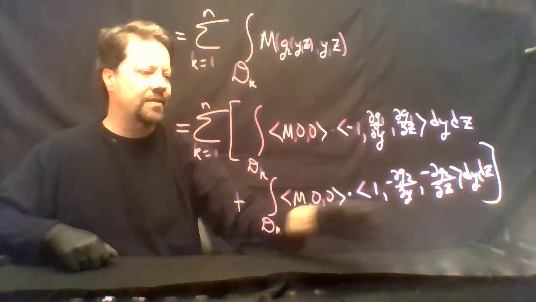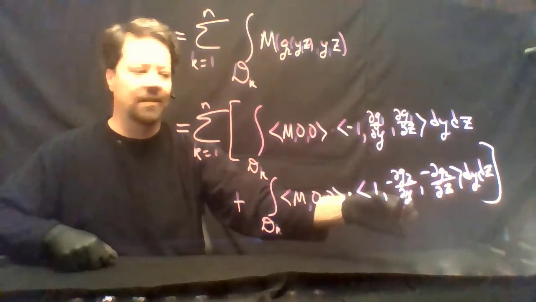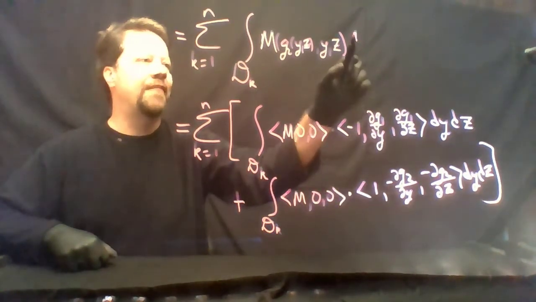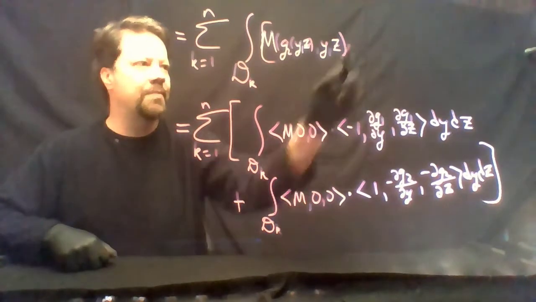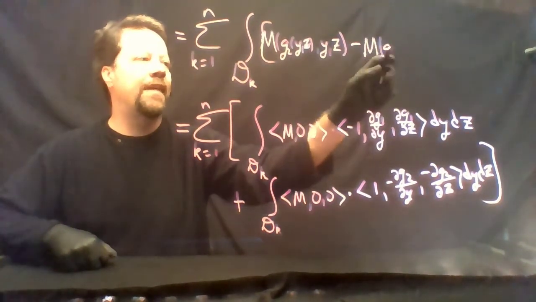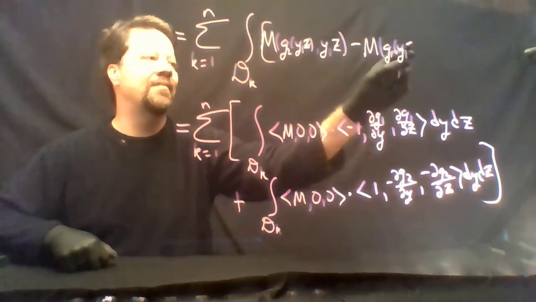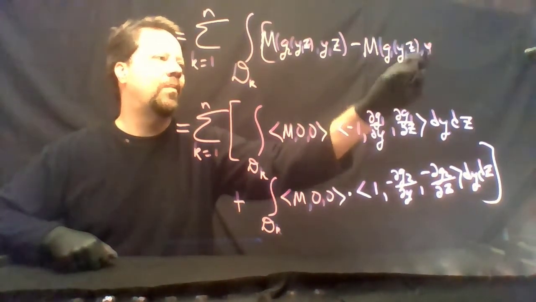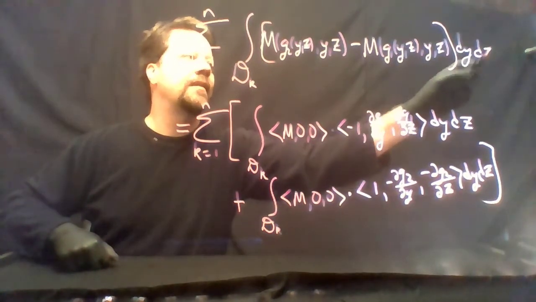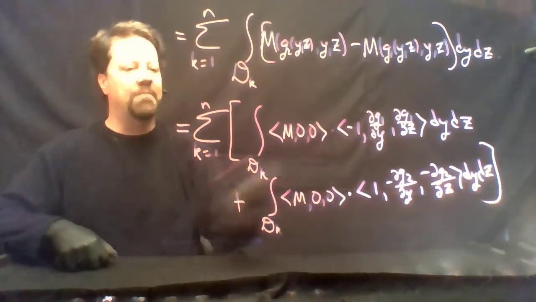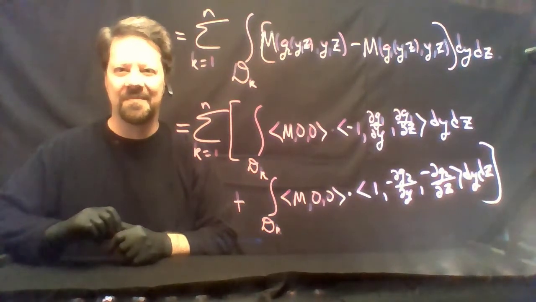The other parts of the vector dot product will be 0, and we'll have dy dz. To this, we'll have to subtract M evaluated on g1 of y, z, y, z, all times dy dz. This will combine both of these integrals.